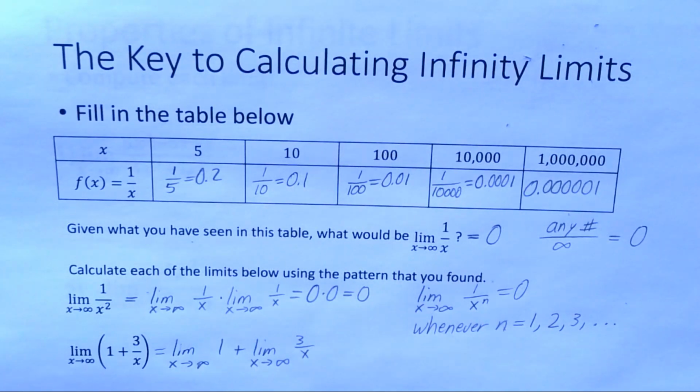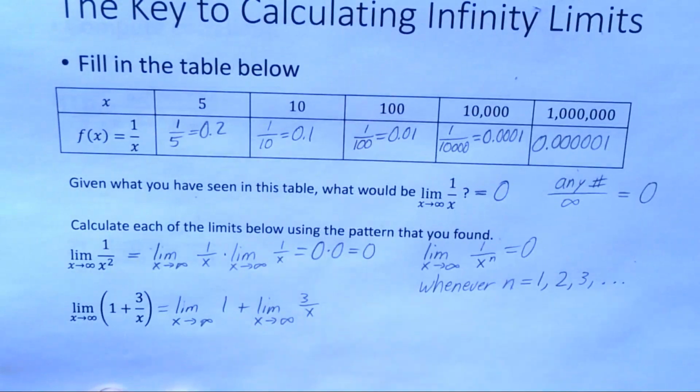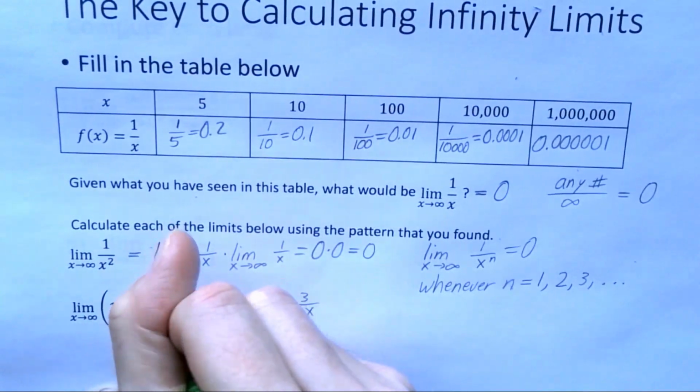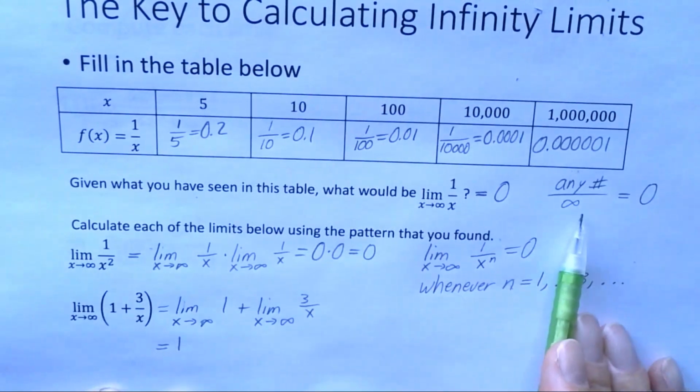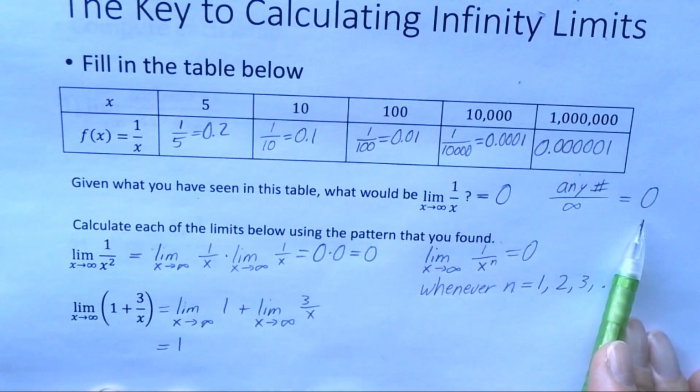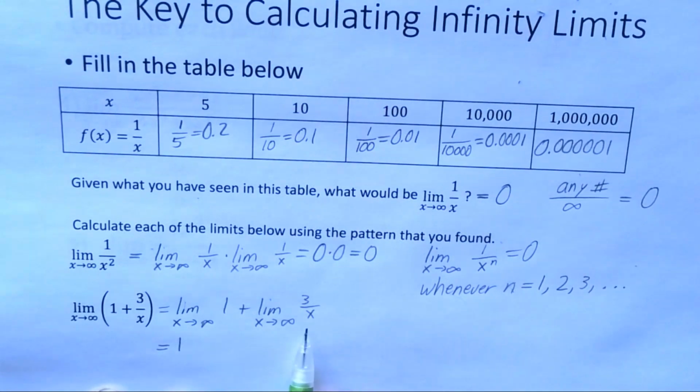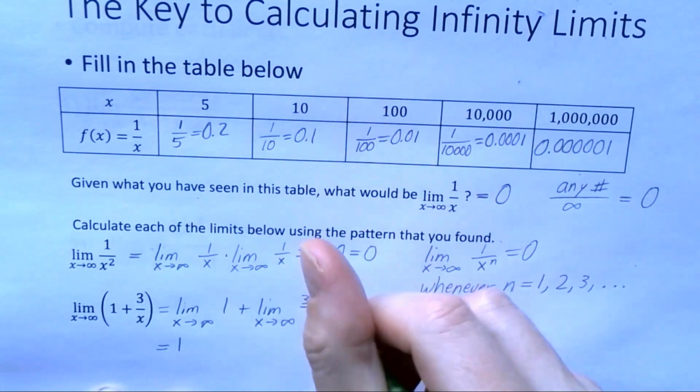First of all, there isn't a variable in this first limit, so it's just equal to the number that it is. Now, with regard to the limit as x approaches infinity of 3 over x, we use the idea that any number divided by infinity is 0. So that means that 3 over infinity is equal to 0.